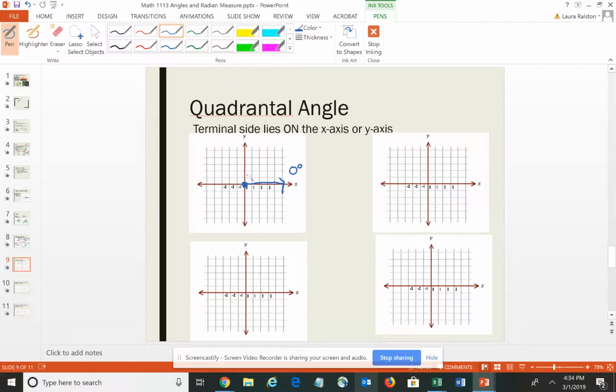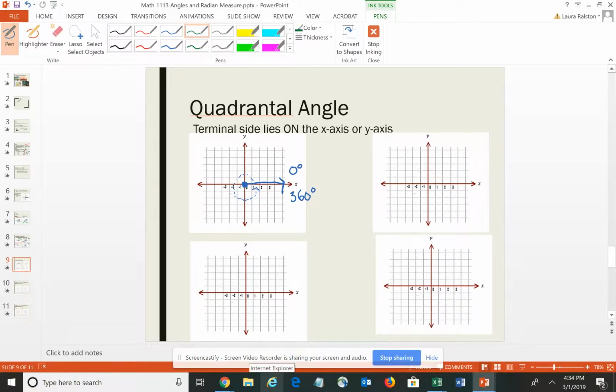Now, if I rotate a full revolution, then I would have 360 degrees. So the 0 degree angle and the 360 degree angle are actually the same angle. And it's a quadrantal angle because your terminal side as well as your initial side are on the positive x-axis.